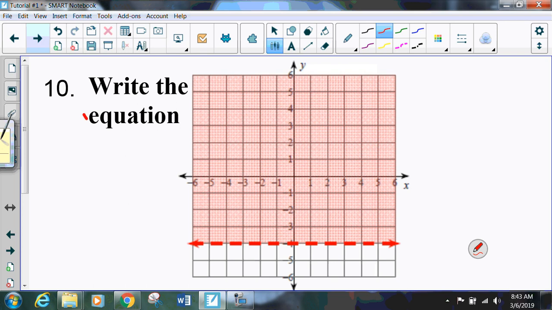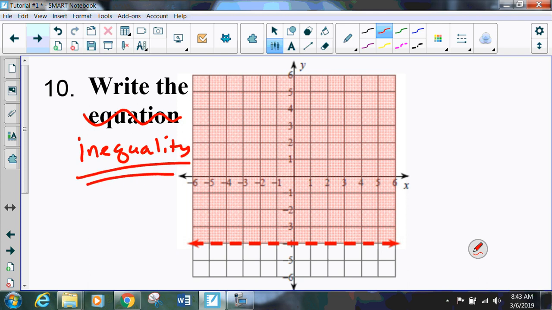All right, write the inequality. All right, so here we go. I see this line, and I know that if it were a solid line, this would be y equals negative 4. Now, it's not solid, so I can't do a line, but whatever. That's where I start. I pretend that it's a line.